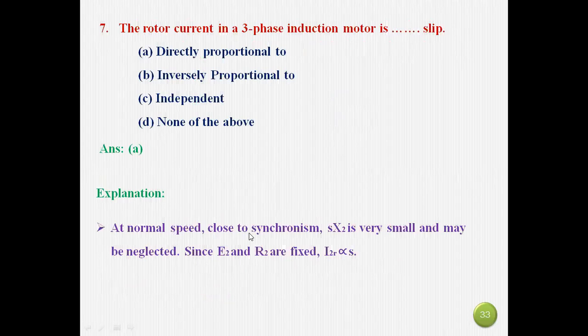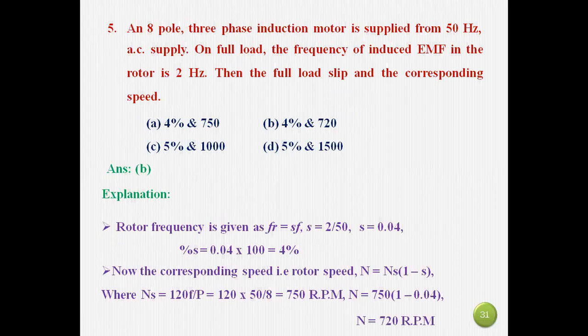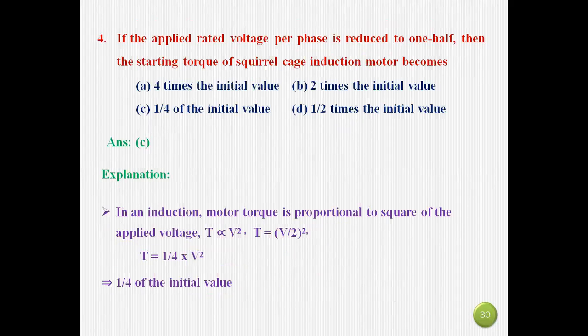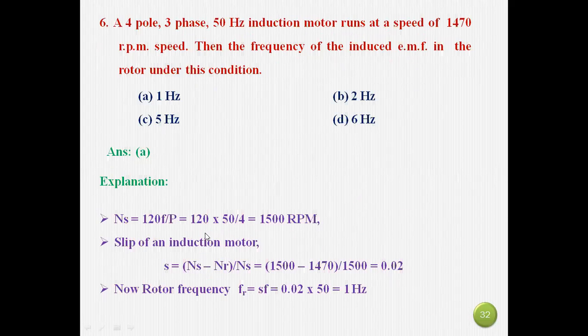If you solve 120 into 50 upon 4, that is nothing but 1500 rpm.